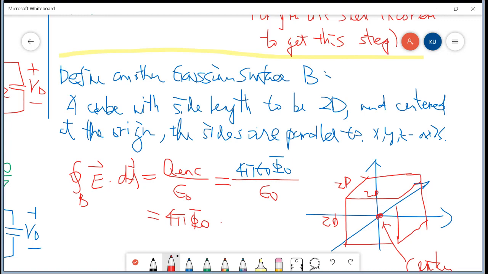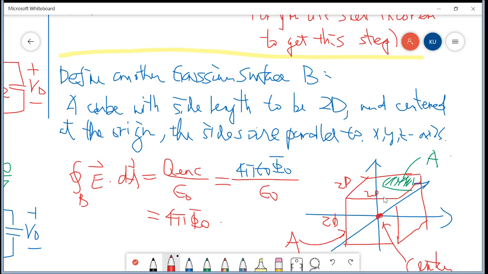According to symmetry, what we need to find is this part, A, and the whole one is the cube. There are 6 faces for a cube, and this is 1/4 of a face. The electric flux through each of these parts should all be the same.